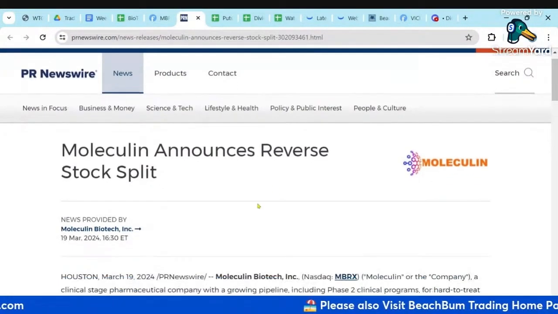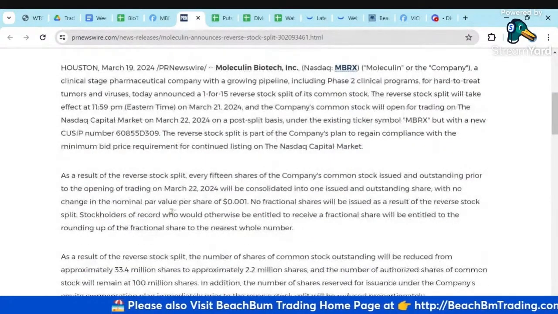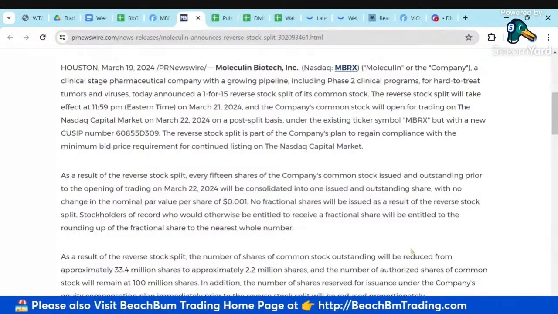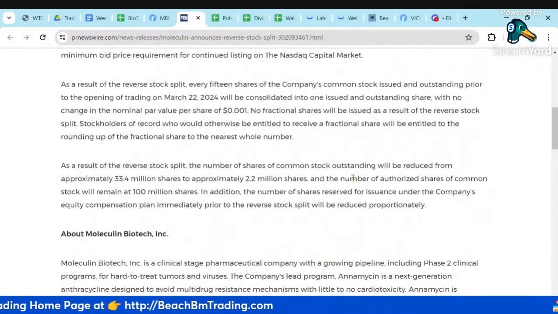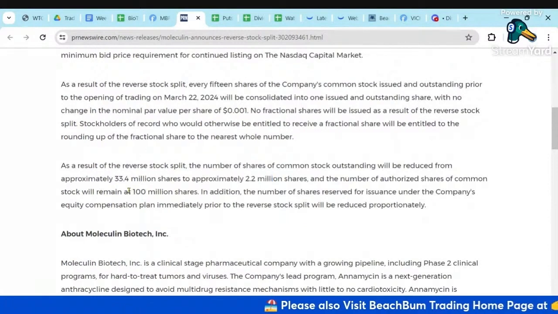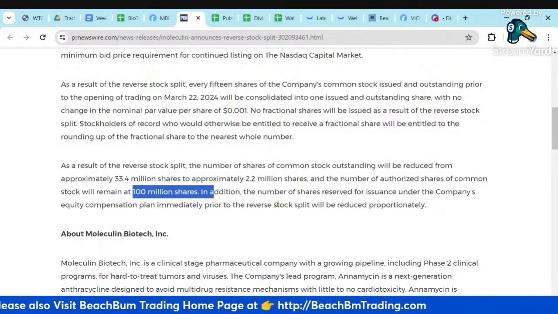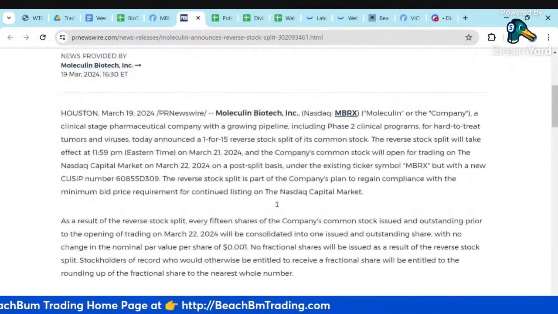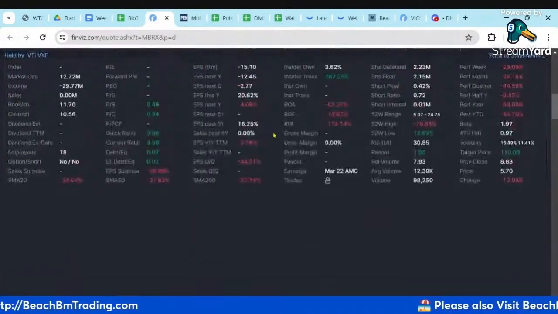And if you look at the news from that reverse split announcement, you will find that although it impacted the number of outstanding shares, so the outstanding shares went down to 2.2 million, they're still authorized to sell 100 million shares. So again, at any point, they could resell those shares that they just got back from that reverse split, and your stock value could plummet.